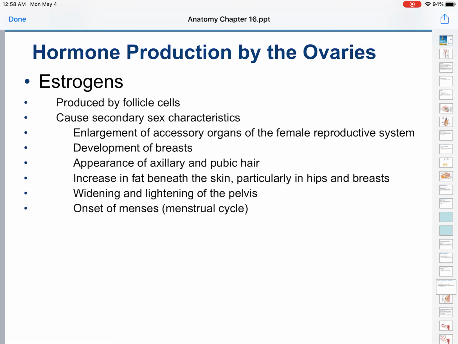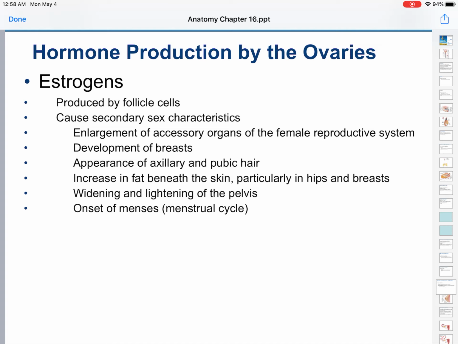Let's talk about some of those hormones. Estrogens are produced by the follicle cells. These are directly related to the secondary sex characteristics, such as enlargement of the accessory organs of the female reproductive system, development of breasts, appearance of axillary and pubic hair, and increase in fat beneath the skin, particularly in the hips and the breasts.